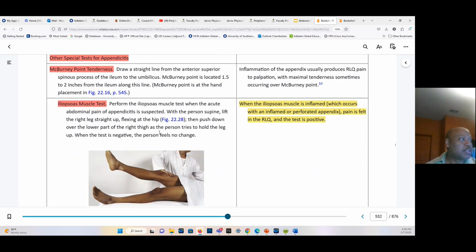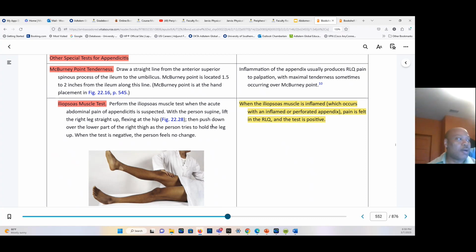And then this is the iliopsoas muscle test. We perform this muscle test when the acute abdominal pain of appendicitis is suspected. With the patient in the supine position, we lift the right leg straight up, flexing at the hip, as you can see here.